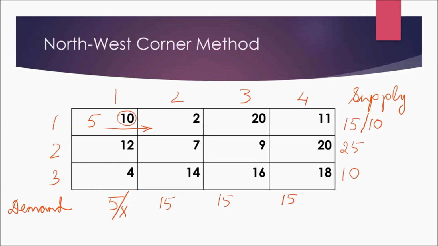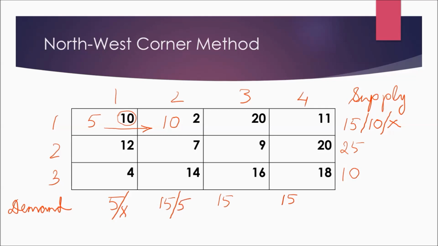So the maximum that we can allocate is 10. So we will allocate 10 here, and the supply is complete for the first source, so we will cross this out, and we are left with the remaining demand of 5.